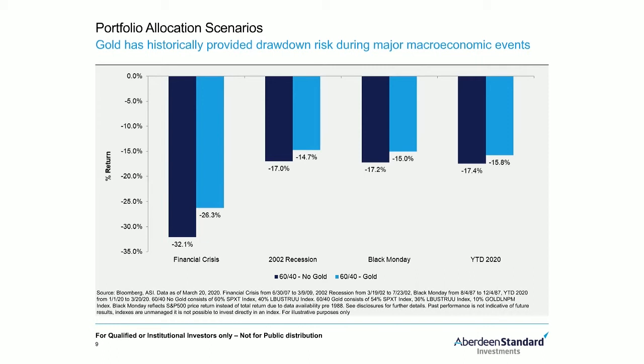But the allocation should never be zero, because this asset class has very unique characteristics that provide interesting components to a well-constructed portfolio, and they continue to show themselves time after time. So Stan, do you want to talk about the next slide?